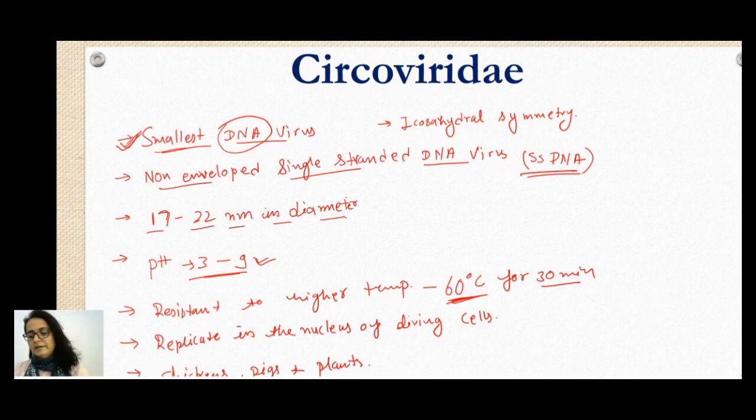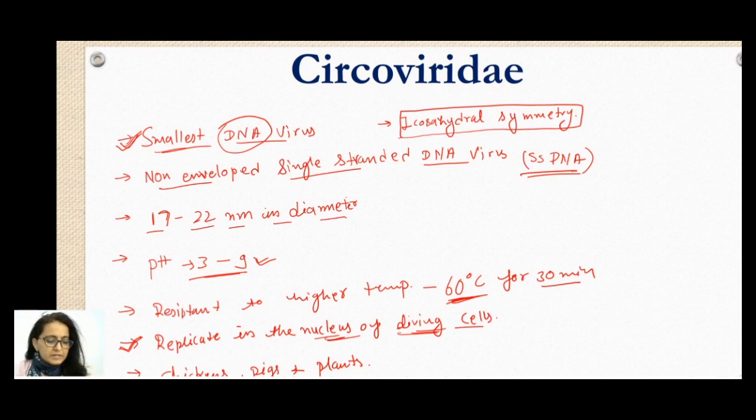They replicate in the nucleus of dividing cells, this is also important. The family mostly infects chickens, pigs and plants, and has icosahedral symmetry. These are the general features of the Circoviridae family.